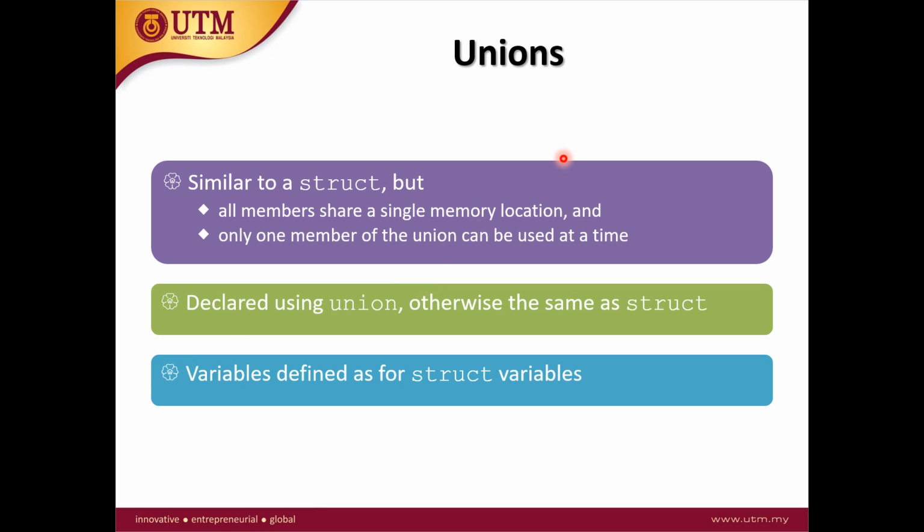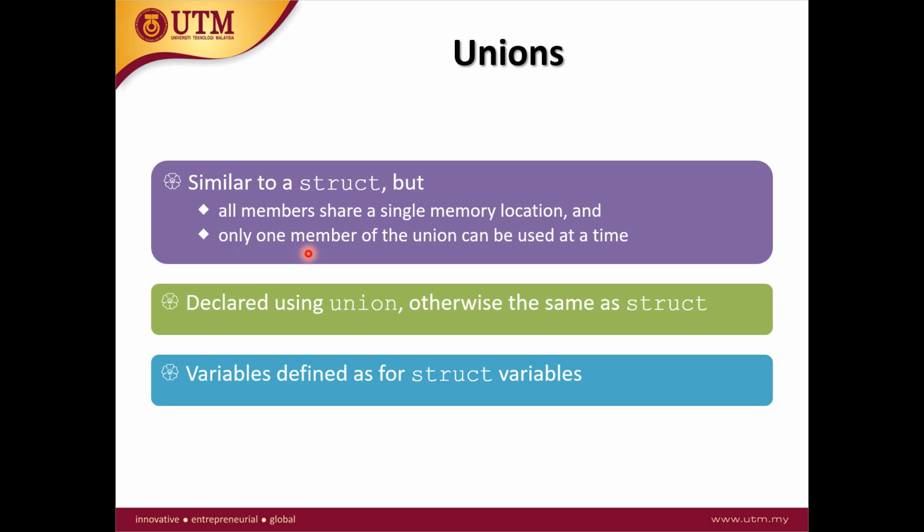And what is a union? A union is similar to a structure, but all members share a single memory location. That means all the members are stored in one memory location, or inside one address inside the memory. In this way, we can say only one member of the union can be used at any given time.